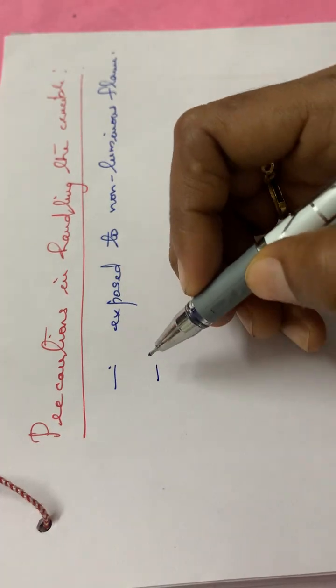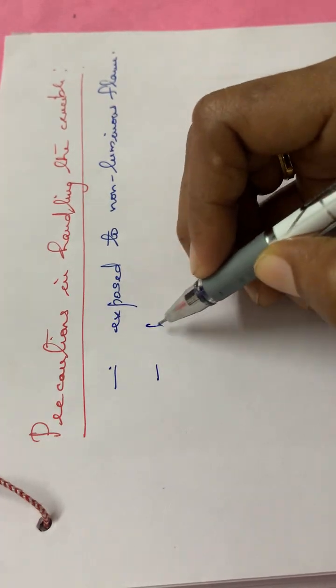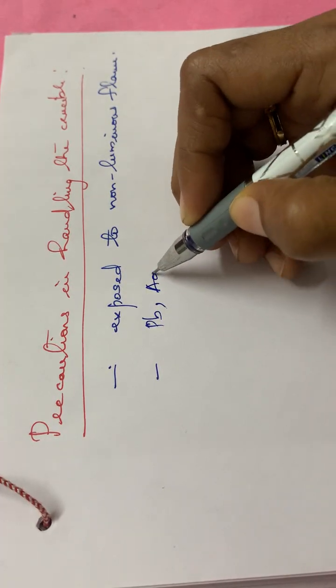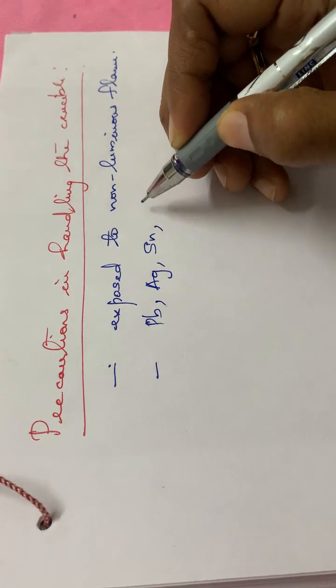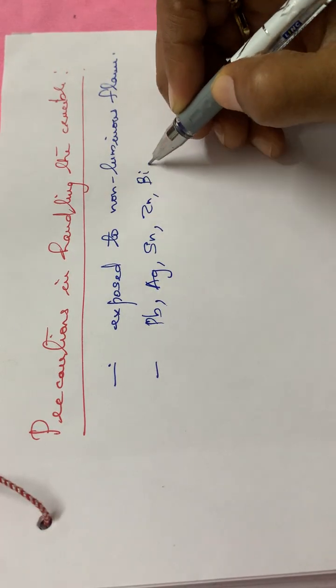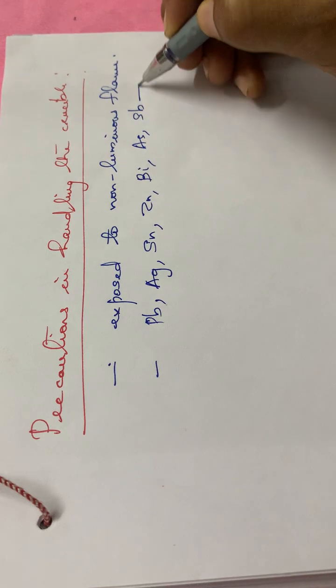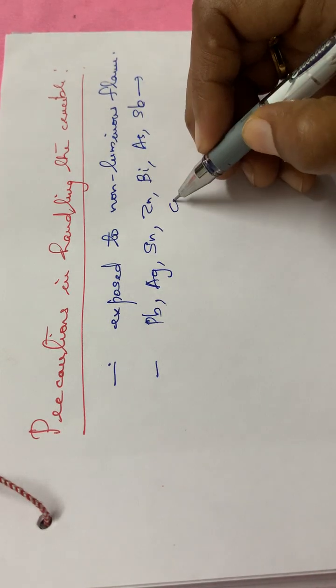And also the compounds to be avoided, that is of lead, silver, then tin, zinc, bismuth, arsenic, antimony.